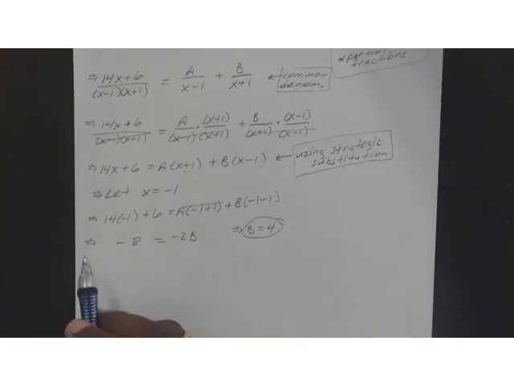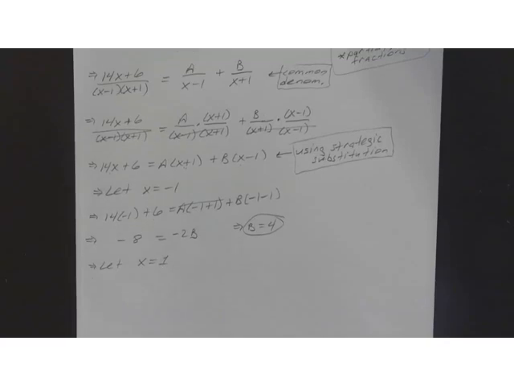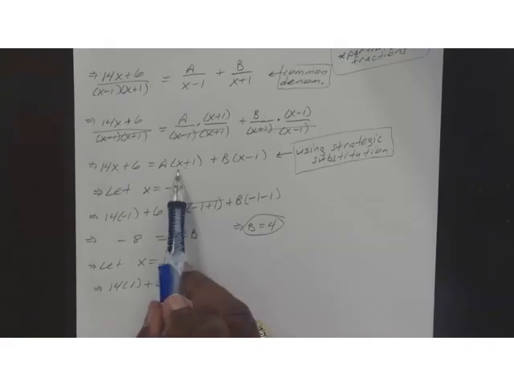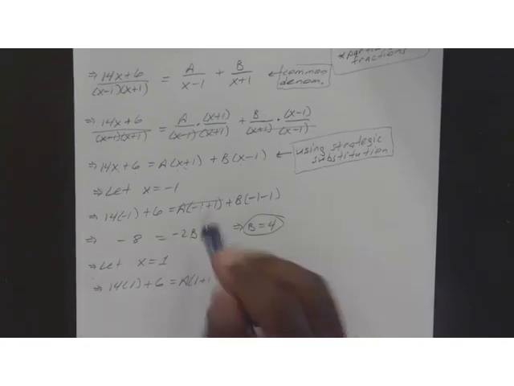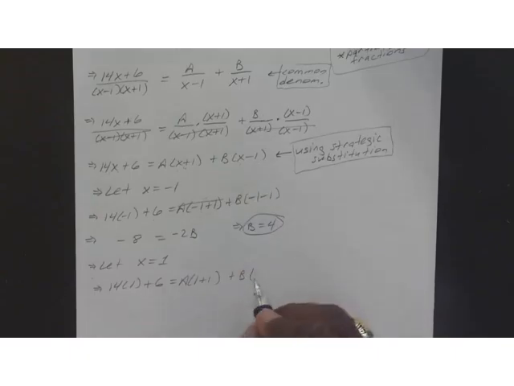Okay, so now we do the same thing. We let x equal positive 1. And that gives us 14 times 1 plus 6 is equal to a times 1 plus 1 plus b times 1 minus 1.